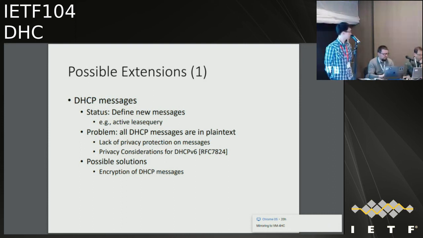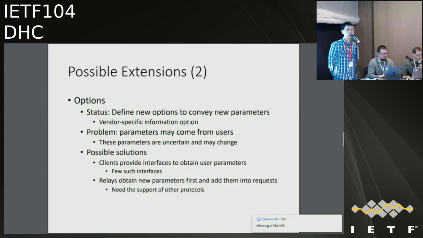Next, please. The second one is the options. Currently, we can define new options to carry new parameters. For example, vendor-specific information allows us to define new sub-options to serve our private purposes. But some parameters may come from users. That is to say, these parameters are uncertain and may change.